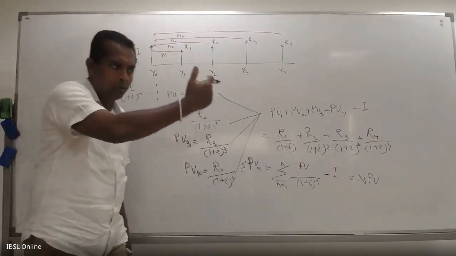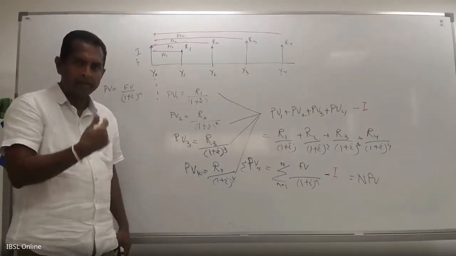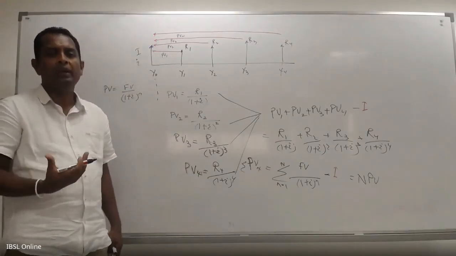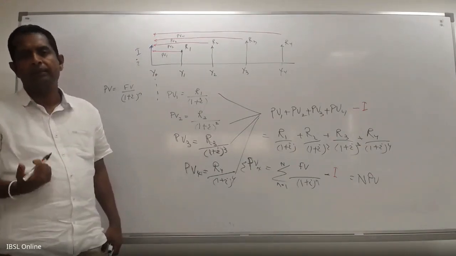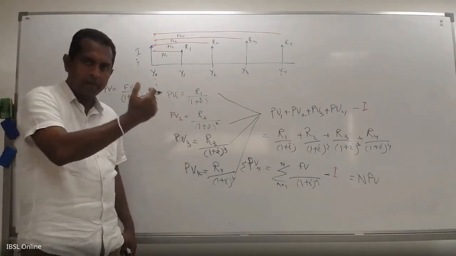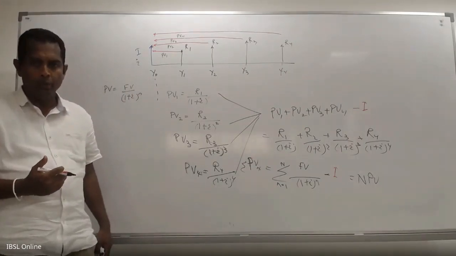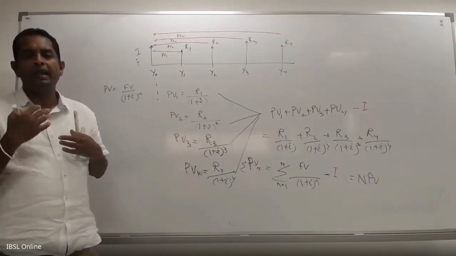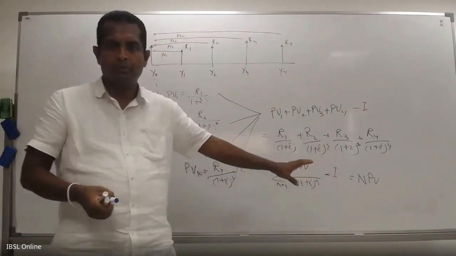You bring down all the future values to today, that is your profitability cash flows, subtract the initial investment, so you will get the additional money left over. So the extra money left over after deducting the initial investment is called the net present value, right?